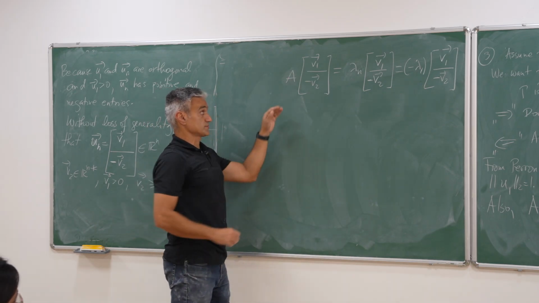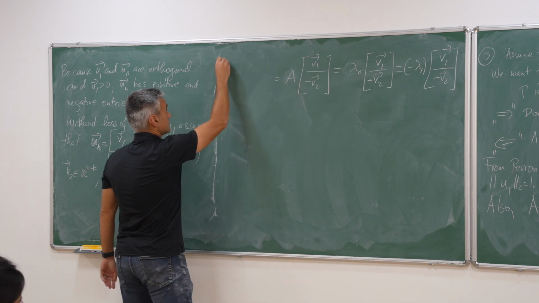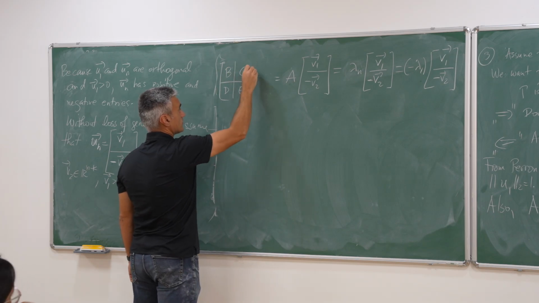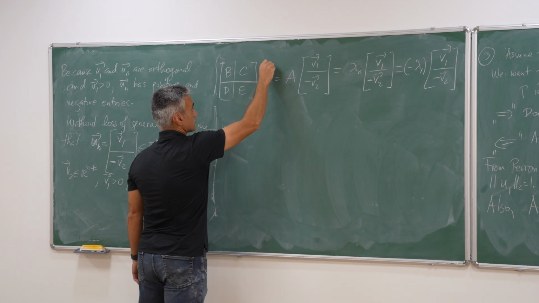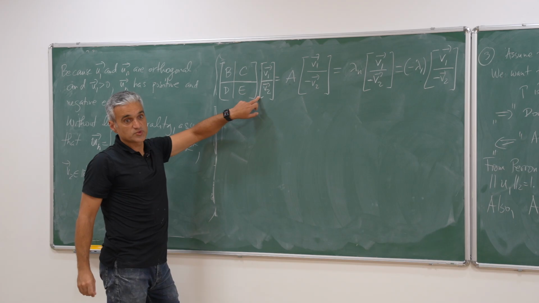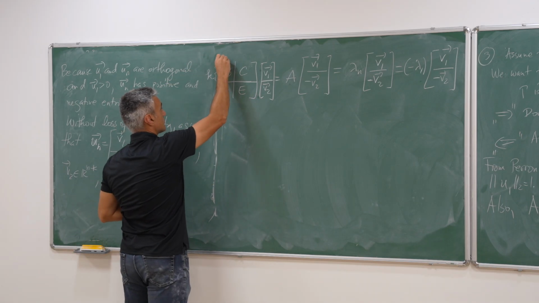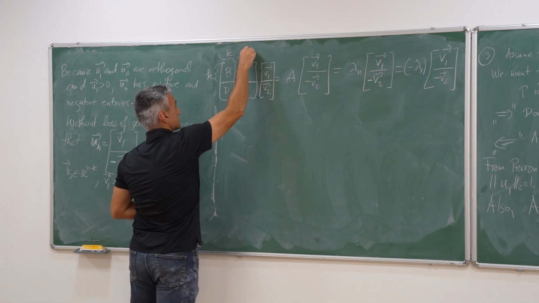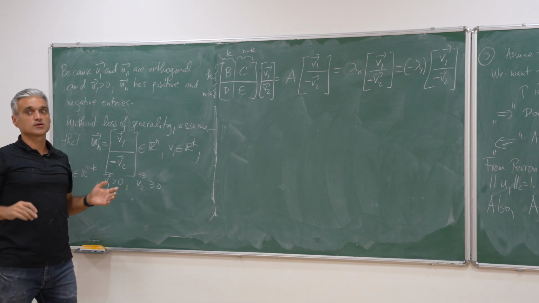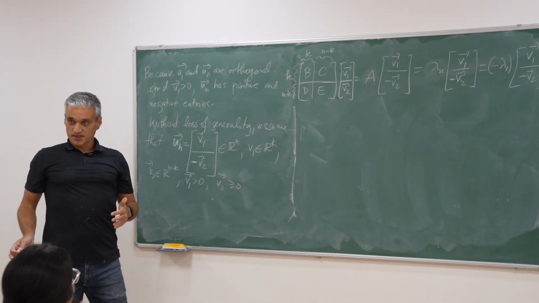Now, because I have this multiplication with this kind of block vector, I can think of A being partitioned according to the partition of v1 and v2. So if v1 is dimension k and v2 is dimension n minus k, B is going to be the first k by k block, and the last block is the remaining n minus k by n minus k. What is the guiding idea here? You want to show that your graph is bipartite.